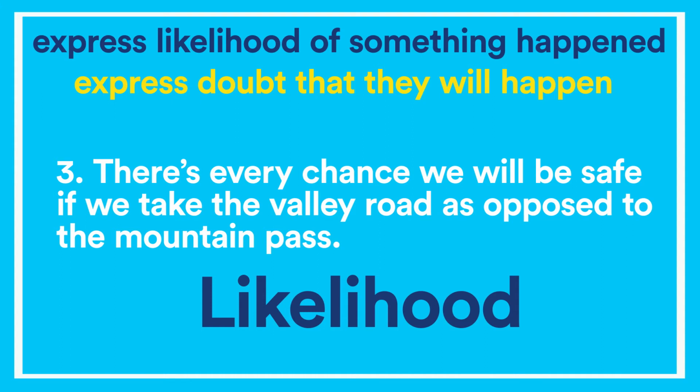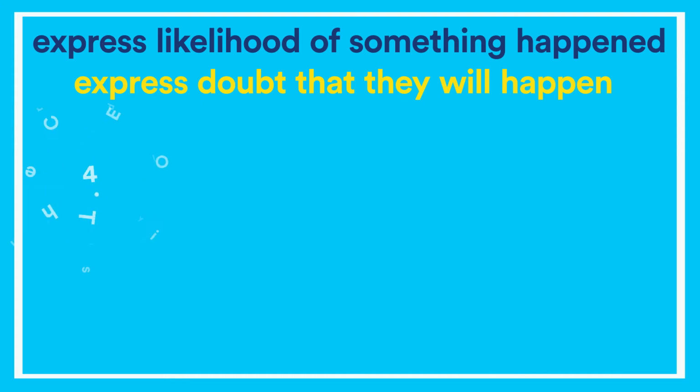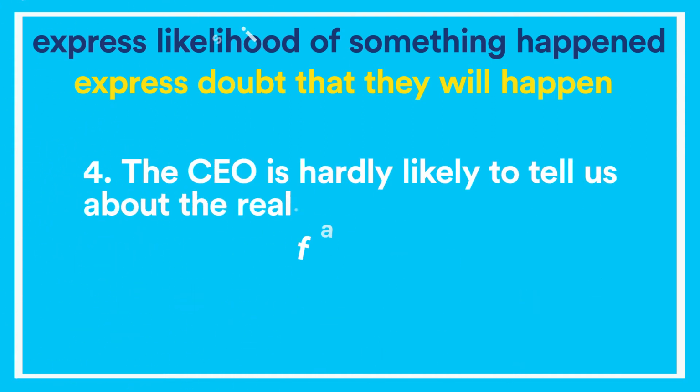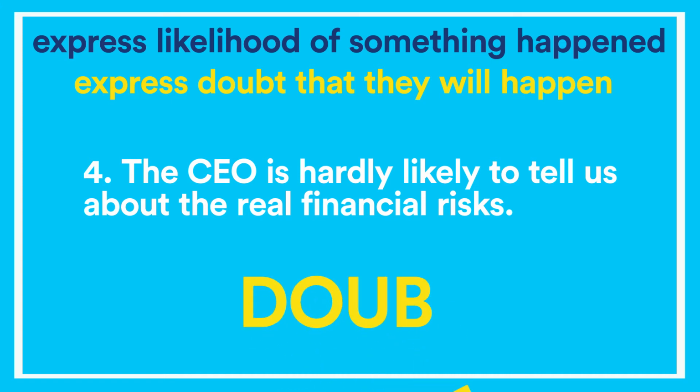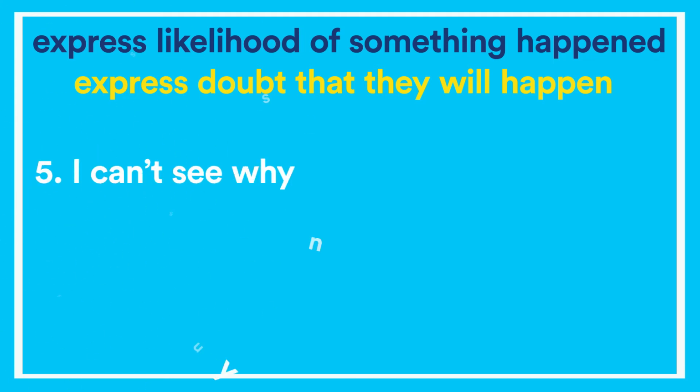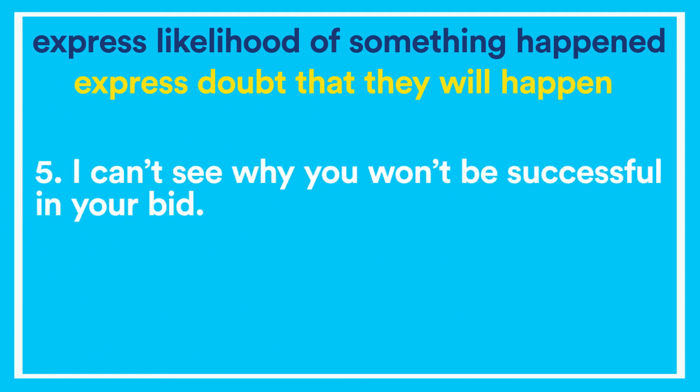Number 4. The CEO is hardly likely to tell us about the real financial risks. The answer is doubt. Number 5. I can't see why you won't be successful in your bid.